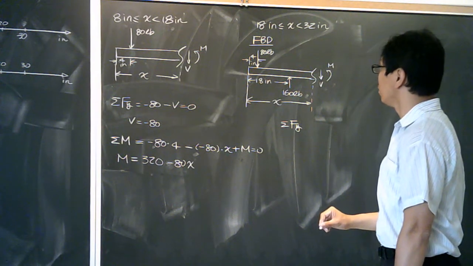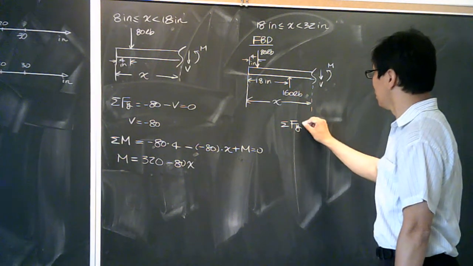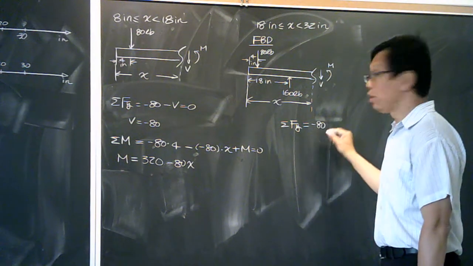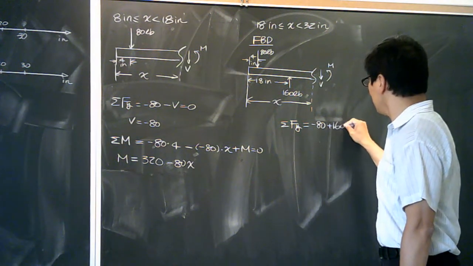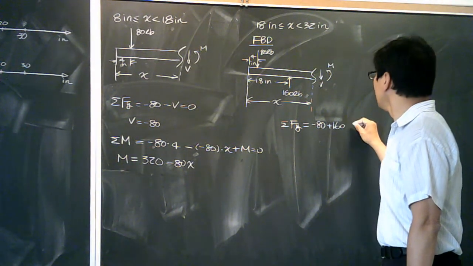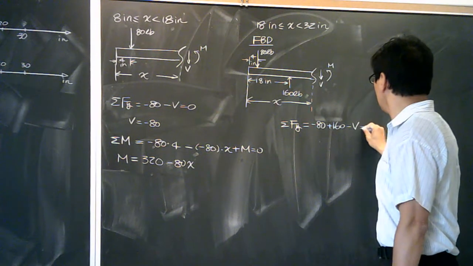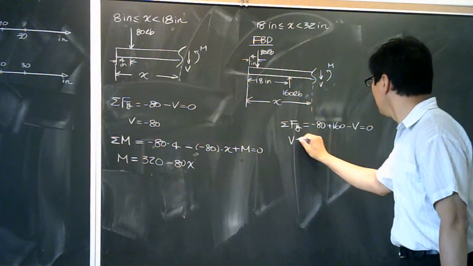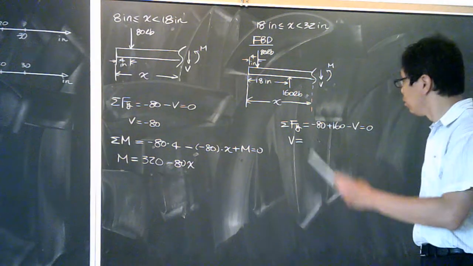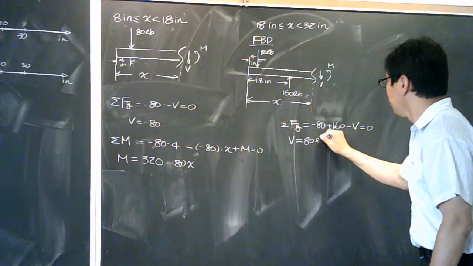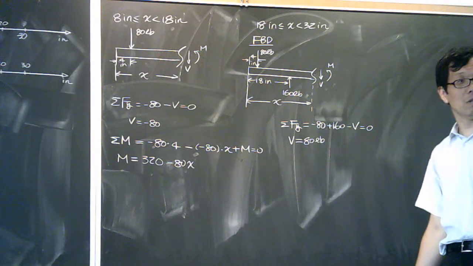How many forces am I dealing with over here? 3, right? Negative 80. Positive 160. And minus V equals 0. So V equals 80 pounds as a constant.